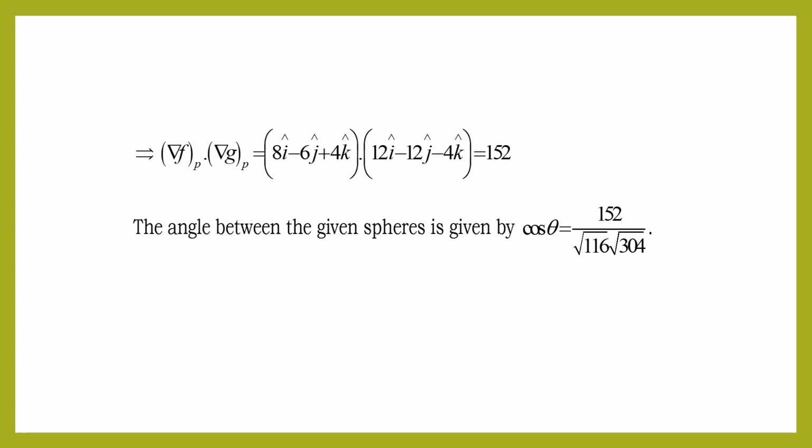Now the angle between the given two spheres at the given point P is nothing but the angle between the normals del f at P and del g at P. So the angle is given by cos theta equals del f at P dot del g at P divided by norm del f at P times norm del g at P, which is equal to 152 upon root over 116 times root over 304.